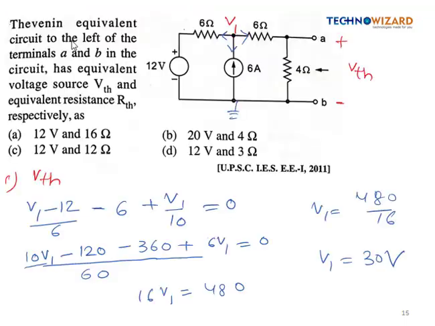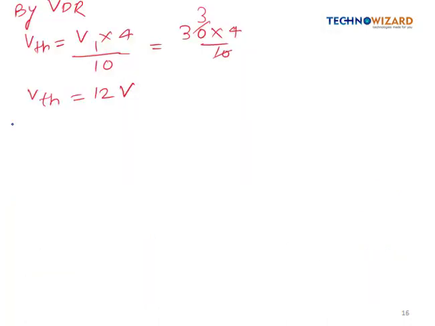Next we have to find out the value of RTH. So in order to calculate the value of RTH, this current source will be replaced by open circuit and the voltage source will be replaced by short circuit. So our circuit will reduce to this, and we have to calculate the value of RTH. So voltage source will be replaced by short circuit, and this is resistance.